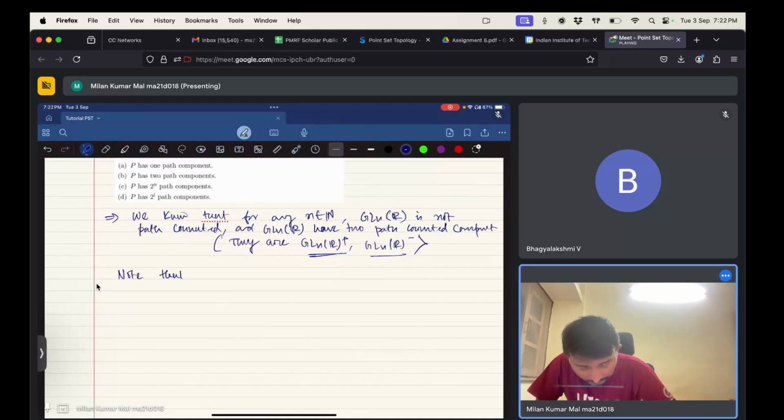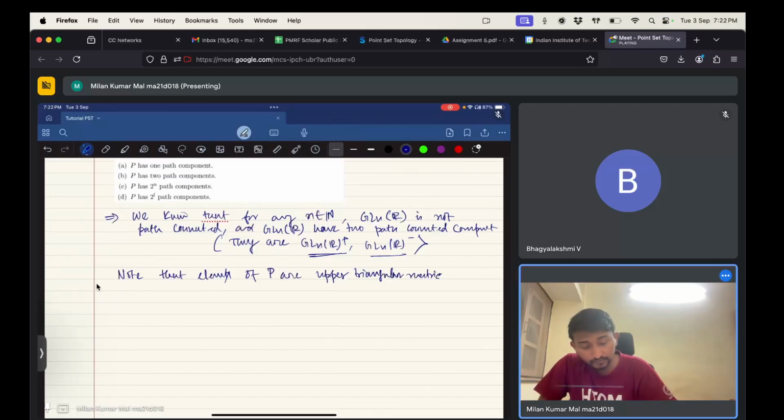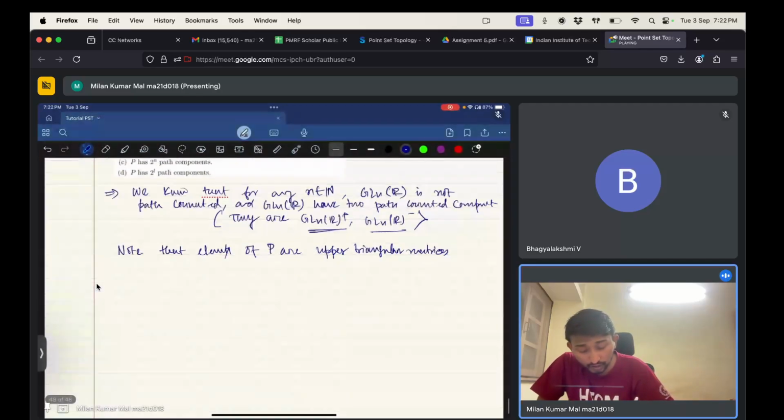Note that elements of P are upper triangular matrices. So how do I connect a path?